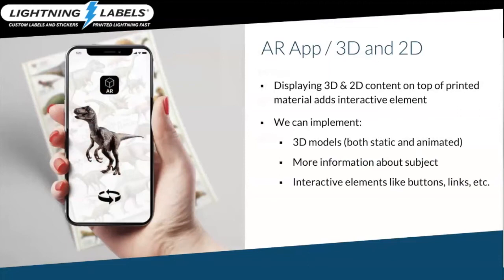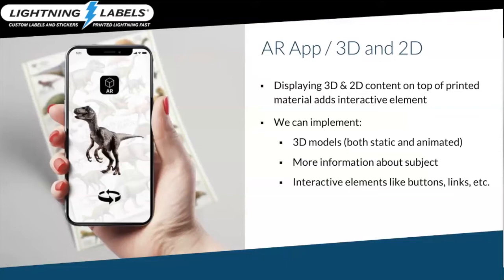Another cool thing that we do is 2D and 3D animations, and we can implement these models and we can make them either static or animated. You can pinch and zoom and play around with them, and I'll show you some examples here in just a minute. This is another great example in the use of this technology. And again, launched just from a QR code, a really cool way of using this technology.